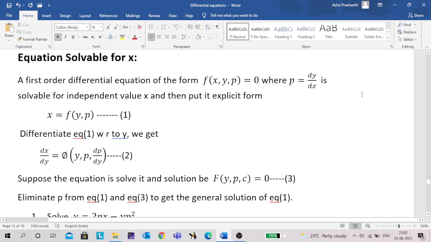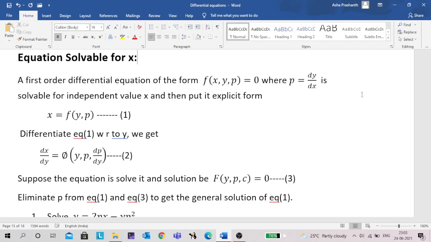In the previous videos, we have discussed Clairaut's equation in a non-linear differential equation, right? In a linear differential equation, we have discussed three methods: the linear differential equation, the equation reducible to linear, that is Bernoulli's form, and the exact differential equation.